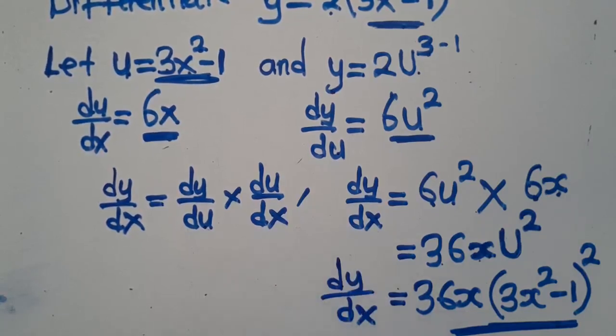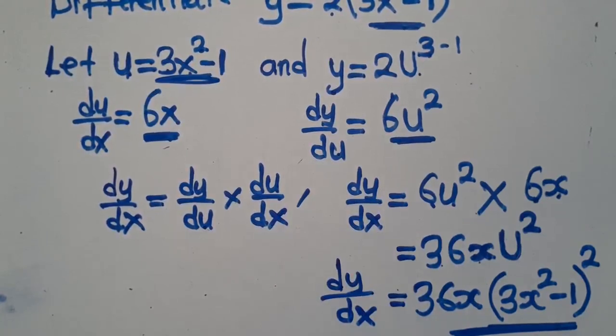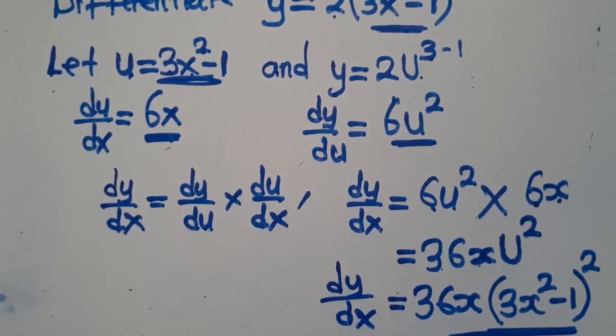So we are using the chain rule. When you are taught to use the chain rule, this is what you are supposed to do. Make sure that you understand all these steps that I'm showing you. These are simple things that you are supposed to know.